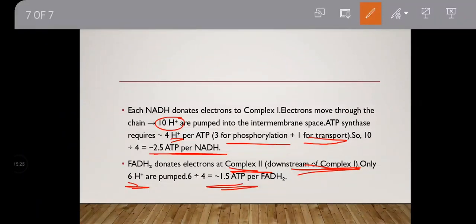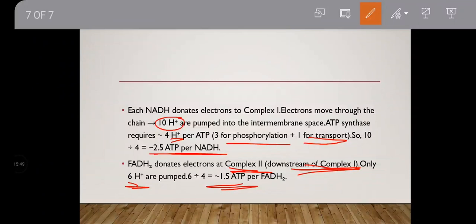So that is the amount of ATP that is produced. Each NADH produces about 2.5 ATP molecules. Then FADH2 produces about 1.5 ATP molecules. So one NADH produces 2.5.